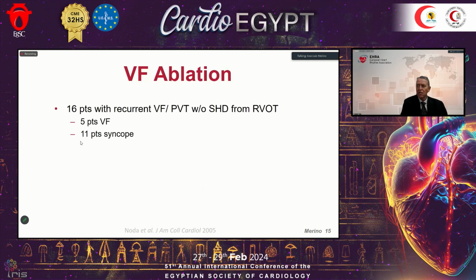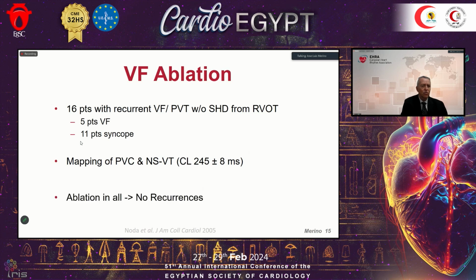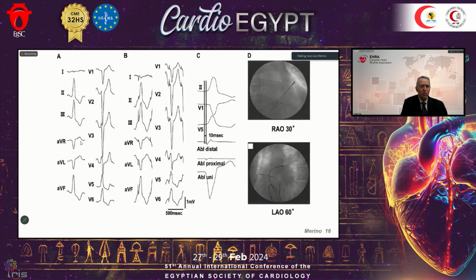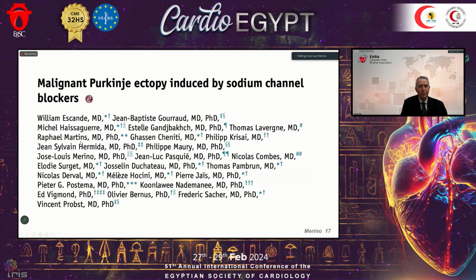What they found is that in these patients, most PVCs were still coming from the right ventricular outflow tract. In some of these patients the PVCs resulted in VF, but in others just syncope. They mapped these PVCs and ablated all of them with no recurrences. Here you see some examples in Brugada syndrome and long QT. So they ablated the triggering PVC, and it has a morphology that could be replicated by pace mapping techniques.